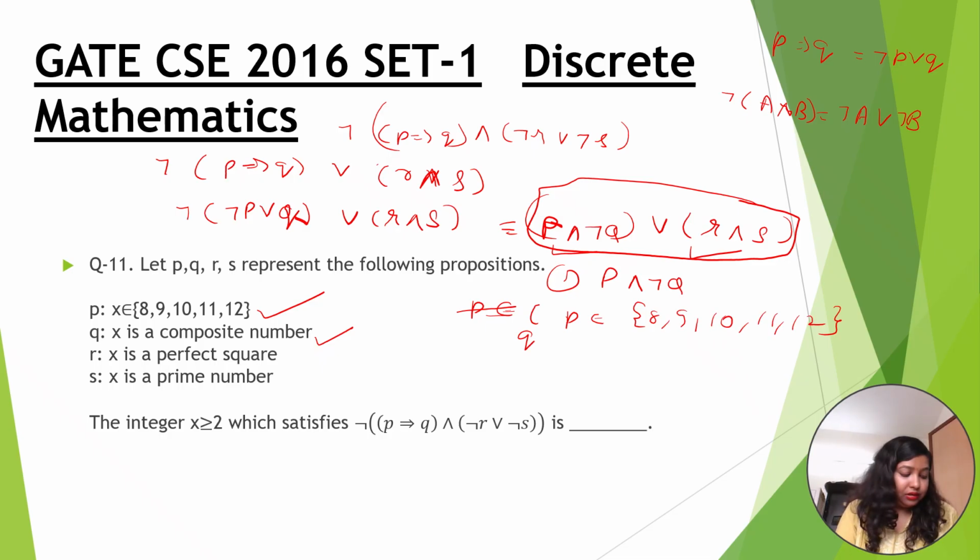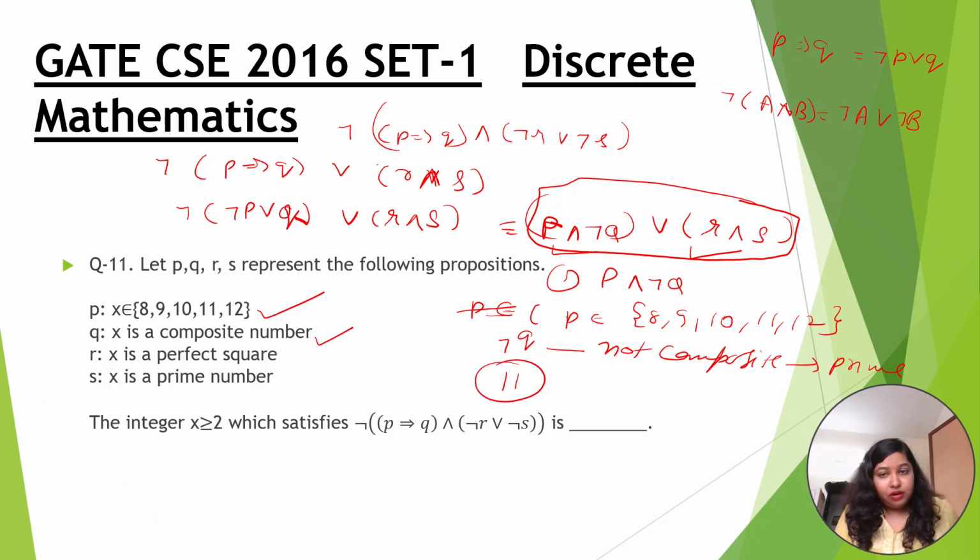Q is not a composite number, so it is prime. So both we have checked. This part is true only for 11, because among these the only prime number is 11.